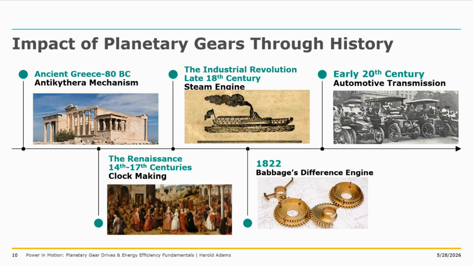And then it's further capitalized on during the Industrial Revolution with the integration of gearing systems for steam engines. We will do a deep dive into Babbage's difference engine. And then finally talk last about a technology used today in common automotive transmissions.